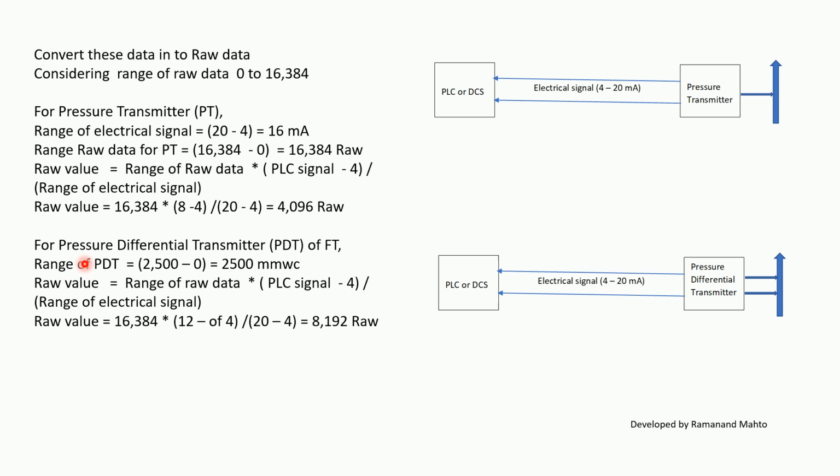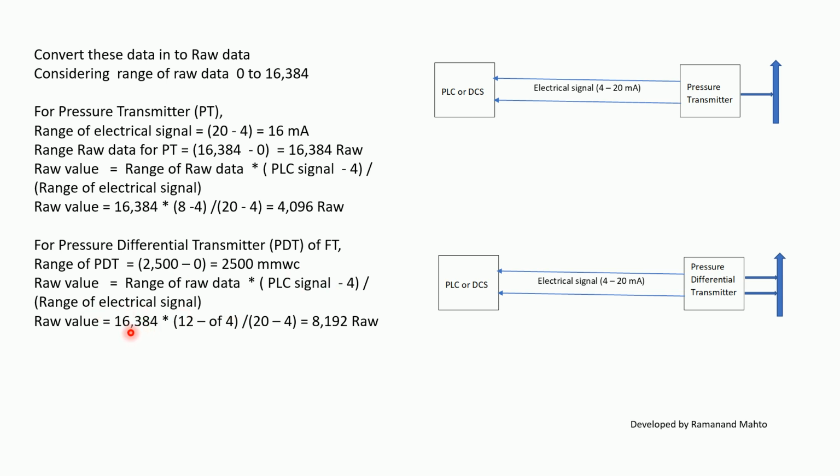Similarly, for the differential pressure transmitter PDT of FT, the range of PDT is 2500 minus 0, which is 2500 mmWc. Raw value is equal to range of raw data into PLC signal minus 4 upon range of electrical signal.